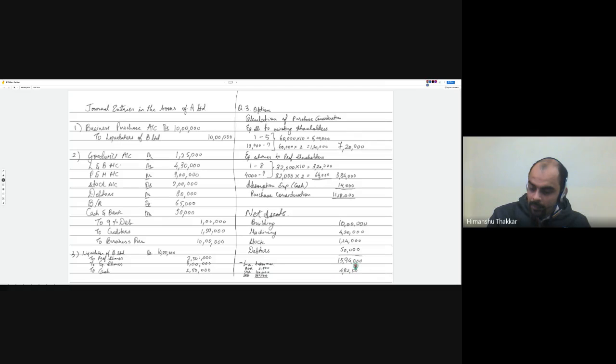Okay, so the net assets you are getting are 11 lakh 11,500.